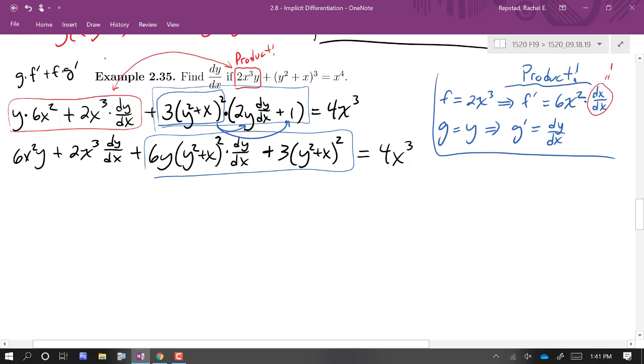And now we're in a position to get all the dy dx's on one side. They are all already on the left side. So anything that's not a dy dx term, throw it over on the other side. So we subtract 6x squared y and subtract 3 times the quantity y squared plus x, squared.